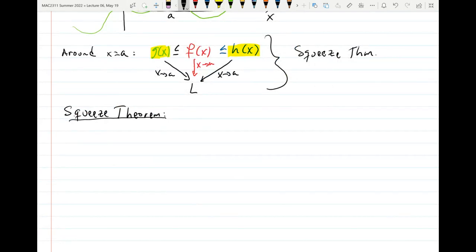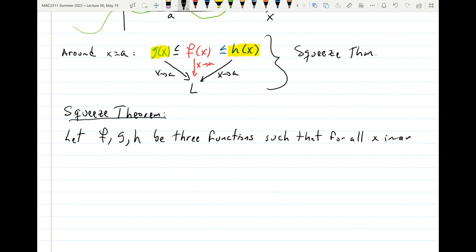So suppose we have three functions. Let f, g, and h be three functions such that for all x in an open interval containing a, we have, in other words, when I say in an open interval containing a, what I mean is around a.